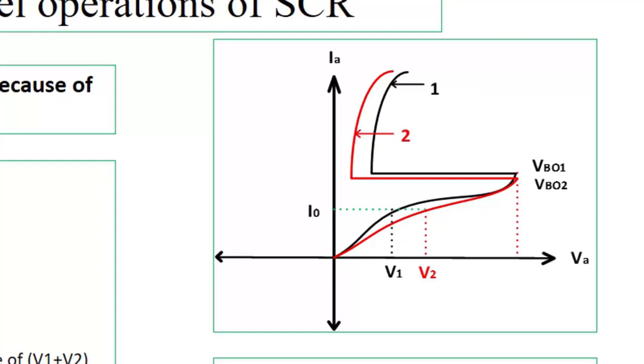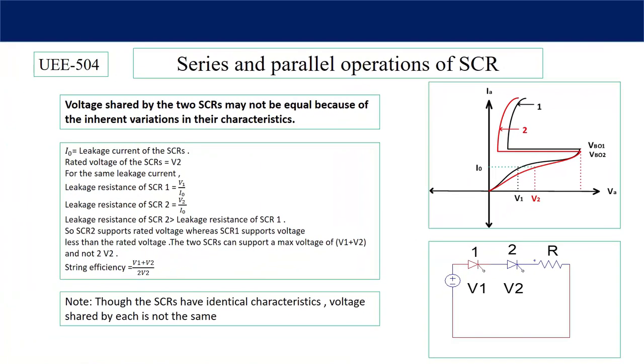So the leakage current is the same, though the voltage shared by the two thyristors are V1 and V2. It indicates that the internal resistance offered by thyristor number 1 and thyristor number 2 are different. Let's discuss in more detail.